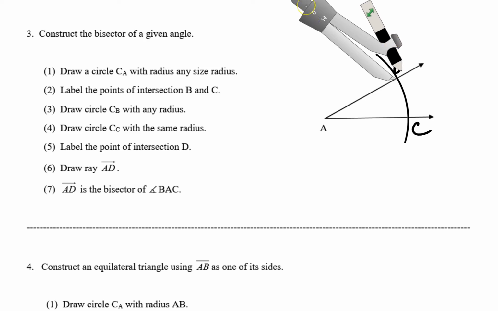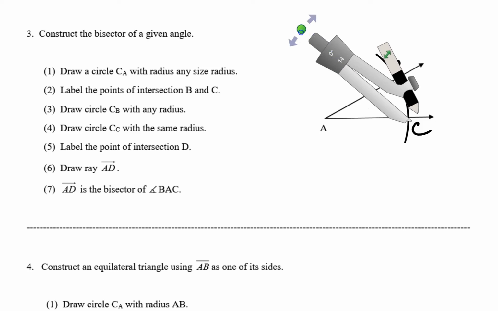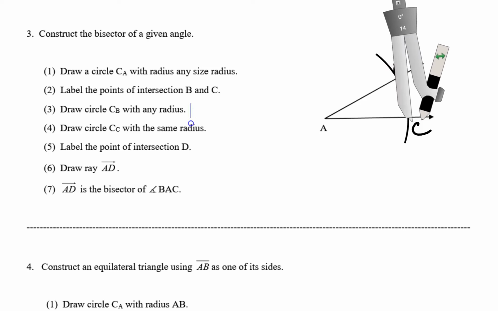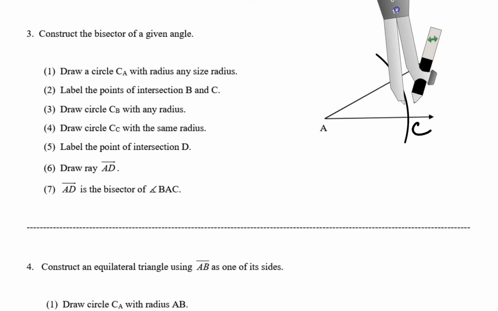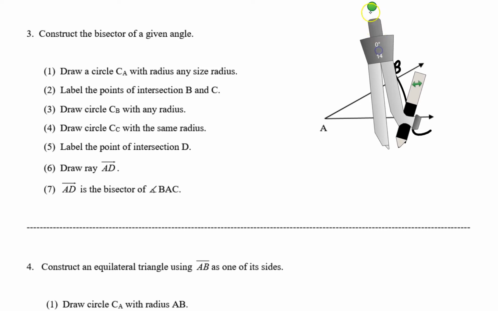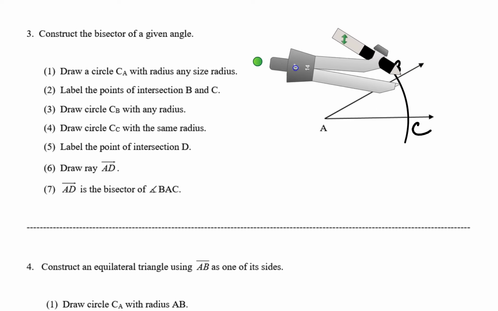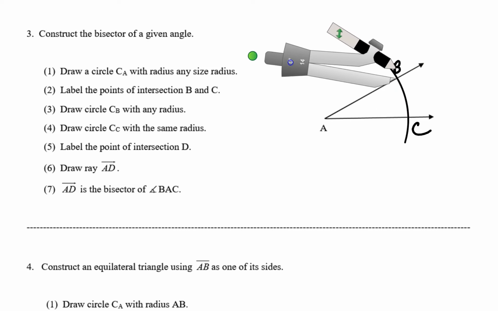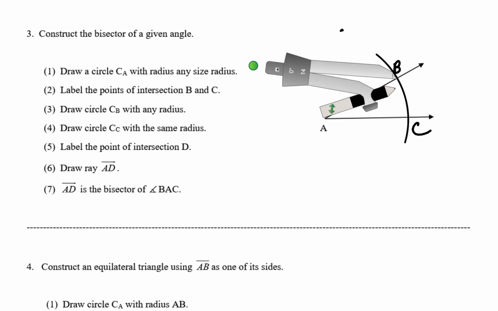So if I twirl this a bit, make it a little bit easier to see here. That's not quite working. I'll do it like this. Okay, if I put it here at B, and then I can open this up. Oops.